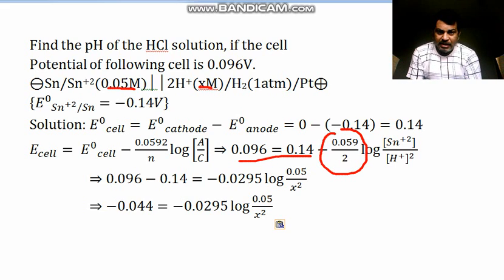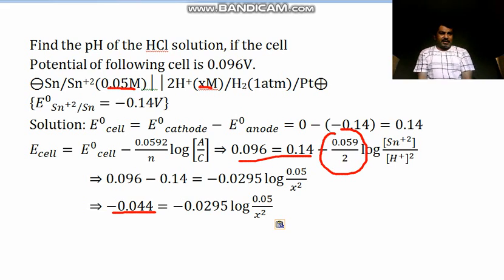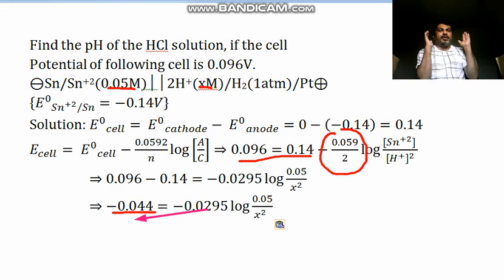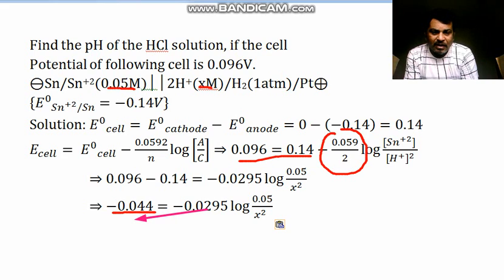Now dear students, listen to this. 0.096 minus 0.14 is nothing but minus 0.044, and this will remain. Now what is going to happen? You know what is going to happen. This minus minus will be cut out, and the value 0.0295 goes down to 0.044. The next step we follow is this step.